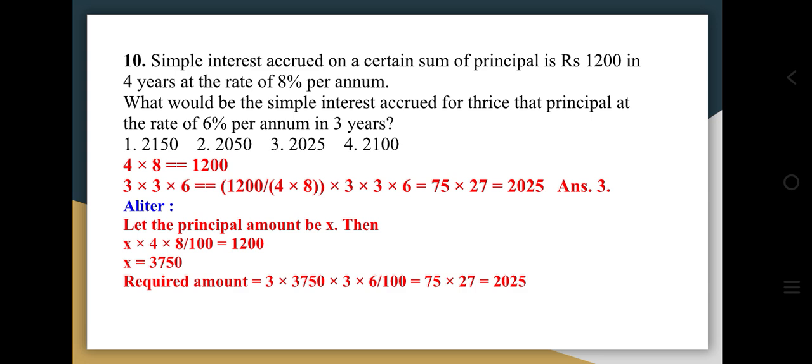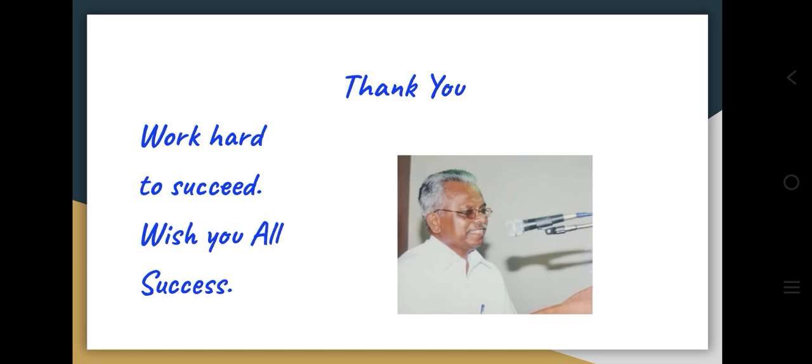So the interest for 3750 into 3 for 3 years at 6% rate of interest is 3 into 3750 into 3 into 6 by 100, which again simplifies to 75 into 27, which is 2025. So if we use the form A corresponds to B, then what does C correspond to, we can very quickly solve simple interest problems like this.